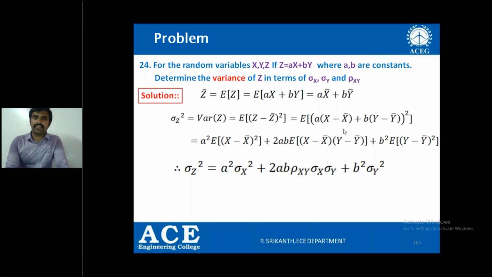In fact, it is nothing but the formula for covariance, or the covariance can also be written in terms of correlation coefficient and sigma x and sigma y like this, right? So therefore we are able to define the variance of z in terms of sigma x, sigma y and rho xy. Understood? And the simple problem.